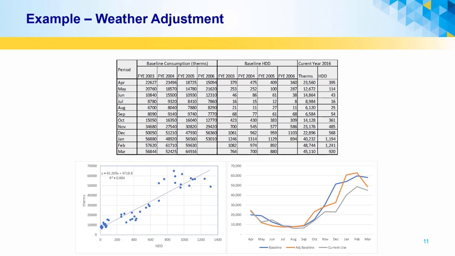A period of consumption is plotted against heating degree days, average daily temperature minus a balance point temperature, commonly 65 degrees, to calculate a least squares fit. Then the current period weather is modeled to determine adjusted baseline usage and compared to the current use to calculate savings.